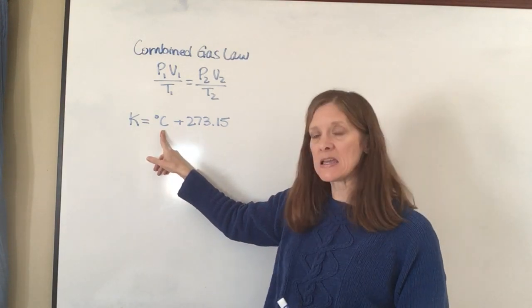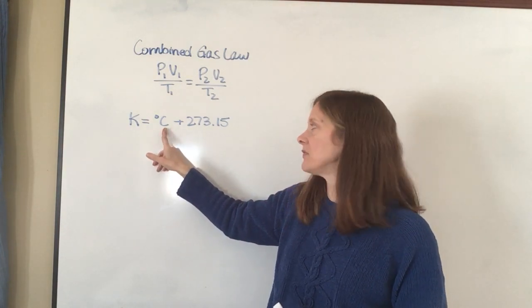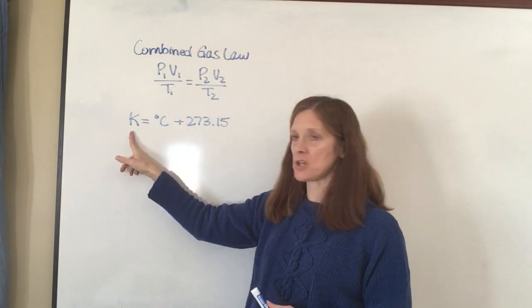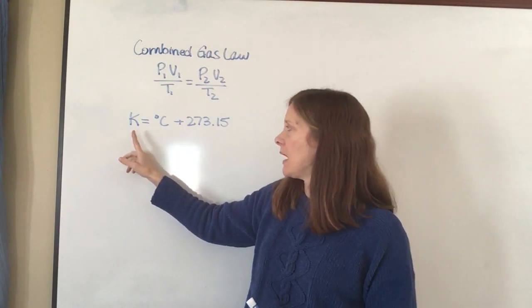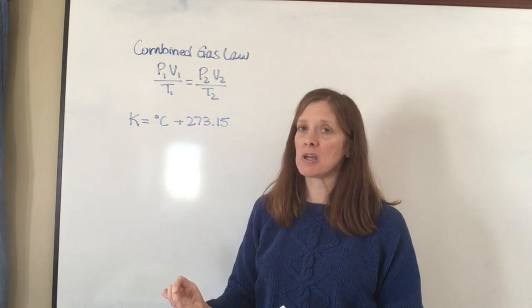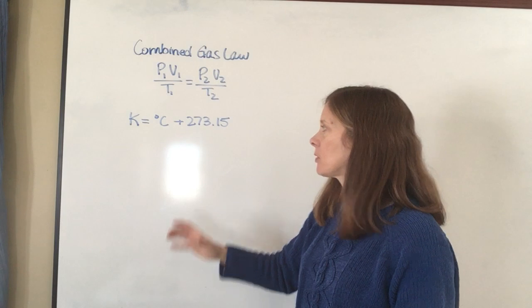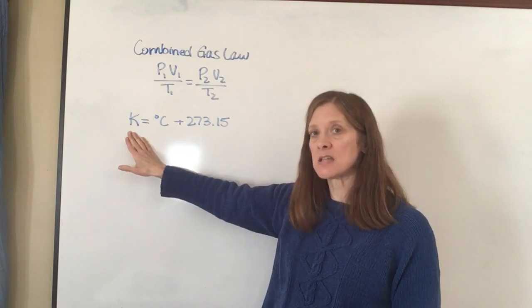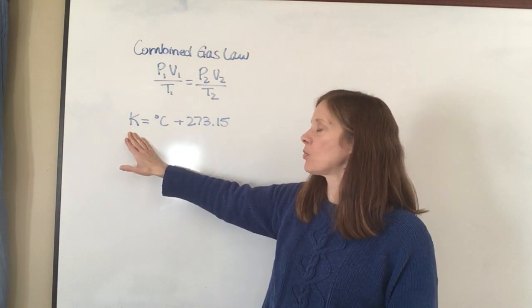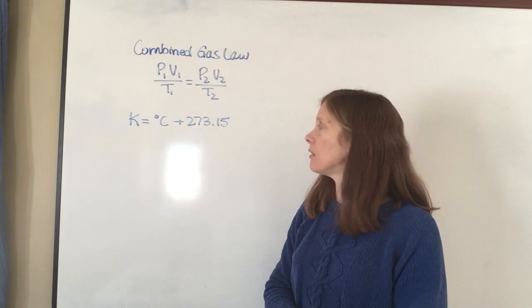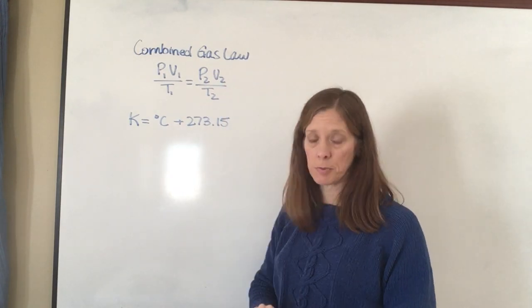So if I have a negative 273.15 and I add that to this, then I will end up with a temperature of 0 Kelvin. That is not actually obtainable. You can't have a temperature of 0 Kelvin. But that's the temperature scale we're going to use so that we always have a non-zero number in the denominator of these fractions up here.